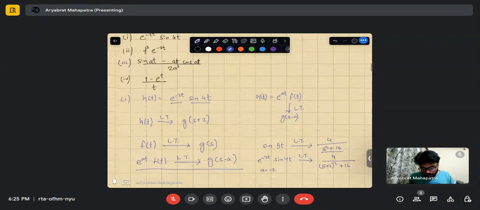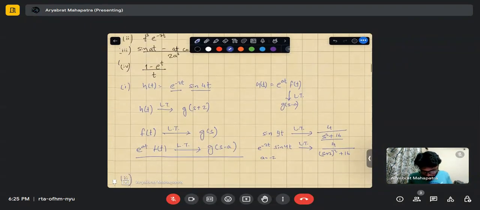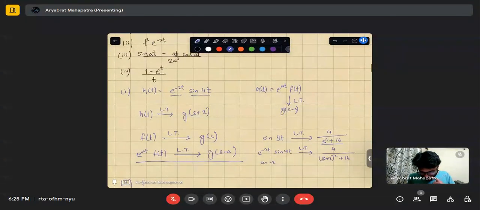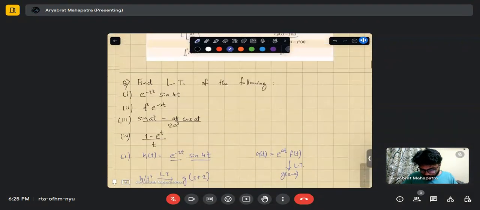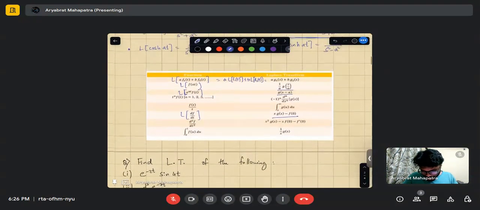Similarly, you can check the other one. So that is, your f of t is t cube exponential of minus 3t. Again, we can use one of the properties right above here.